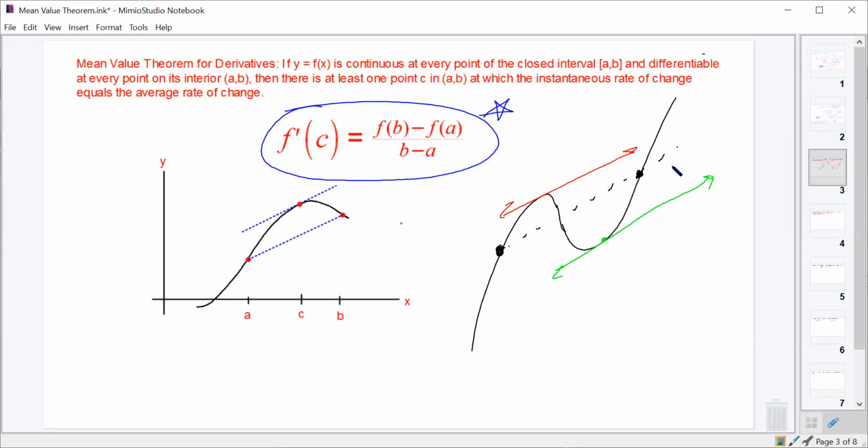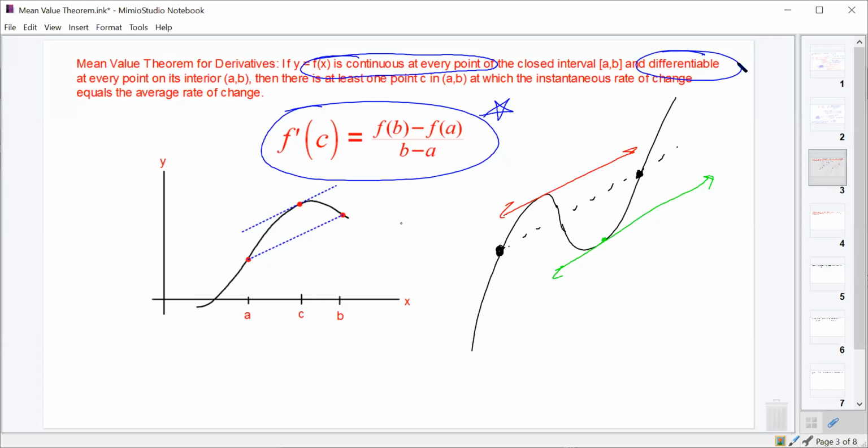Yes. Okay. Wonderful. So that being said, I just want to make sure that you recognize that when you are asked to verify the mean value theorem or use the mean value theorem for something, you always remember the first thing you have to do is check to see that f is continuous and that f is differentiable on that interval.